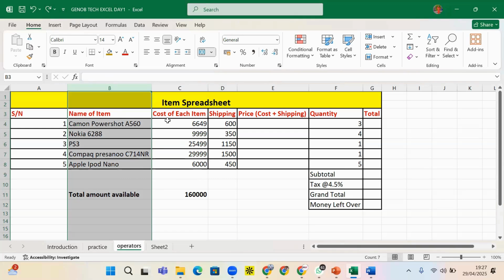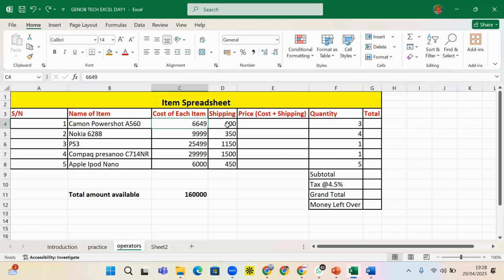So what do we have here? We have the cost of each item, cost of Canon PowerShot. Okay, Canon PowerShot, I think it's not a printer, it's a camera. Then this is the cost of shipping one Canon, right? So remember the cost of the item is 6,649.